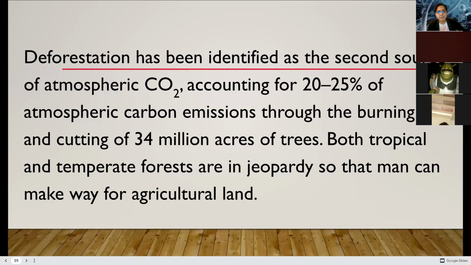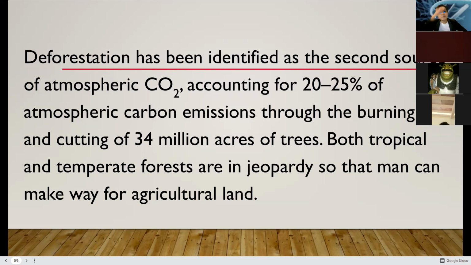Another thing is deforestation happens because we want to use the land for industrial purposes. For example, housing. You want to use the land for housing, for factories, for other profit-gaining activities. Both tropical and temperate forests are in jeopardy so that man can make way for agricultural land.